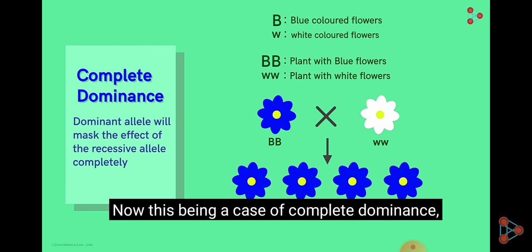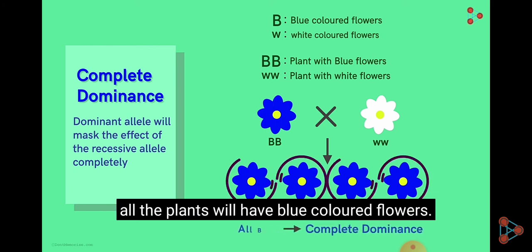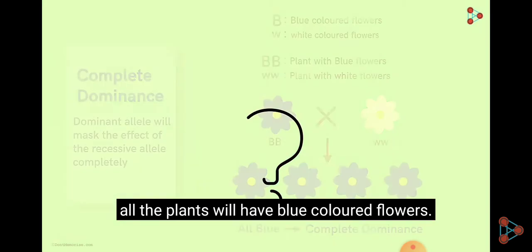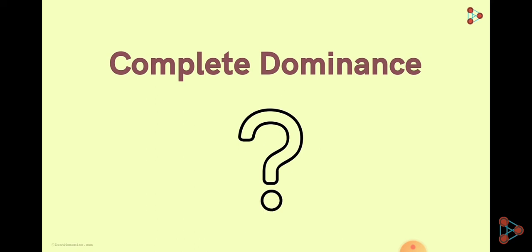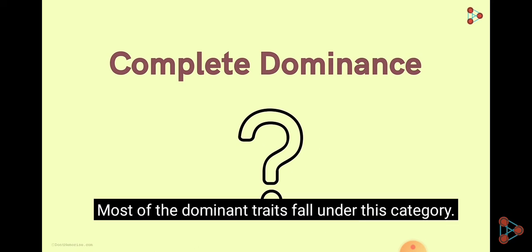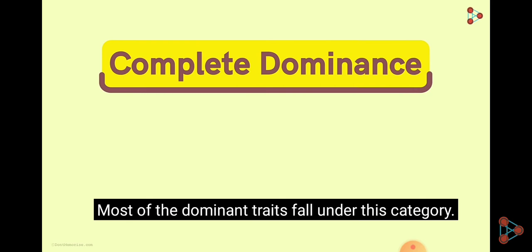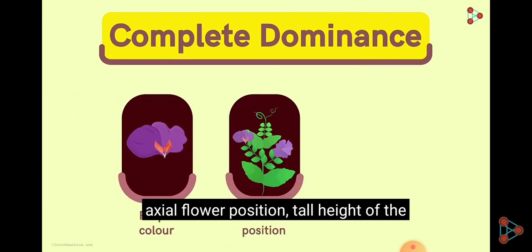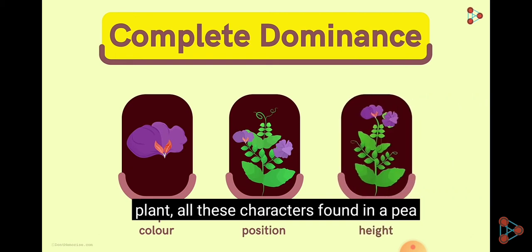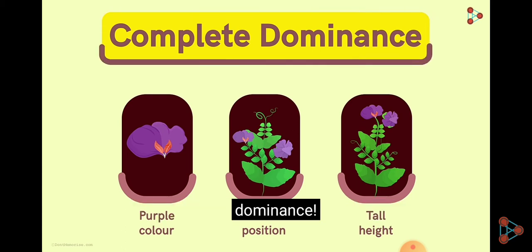Now, this being a case of complete dominance, all the plants will have blue colored flowers. Can you state an example of complete dominance found in nature? Most of the dominant traits fall under this category. For example, the purple color of flowers, axial flower position, and tall height of the plant, all these characters found in a pea plant fall under complete dominance.